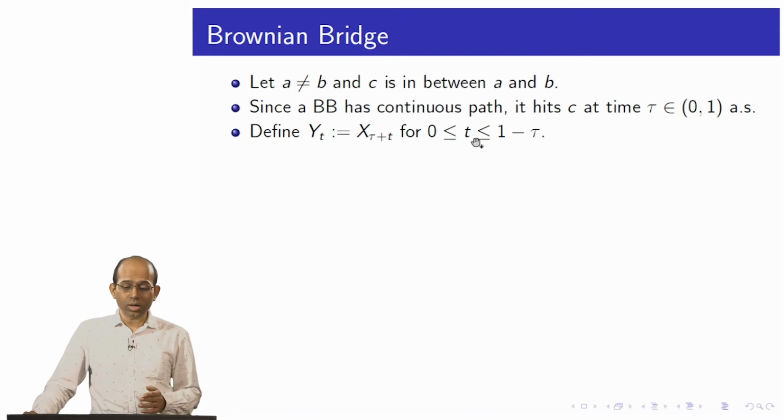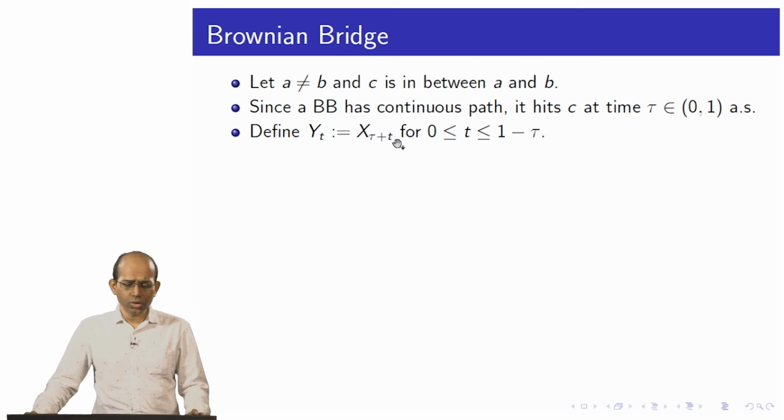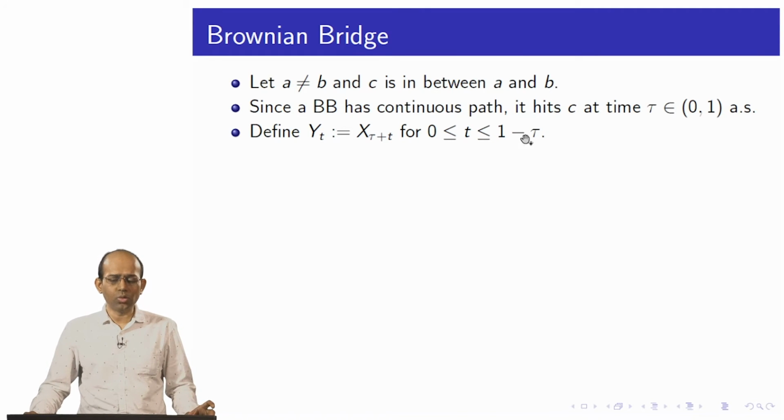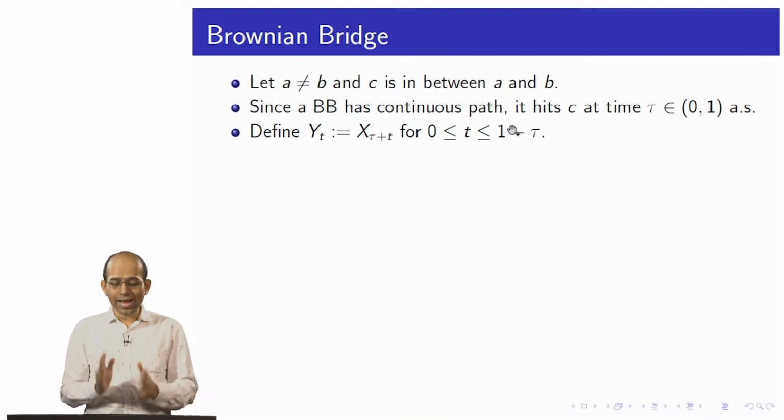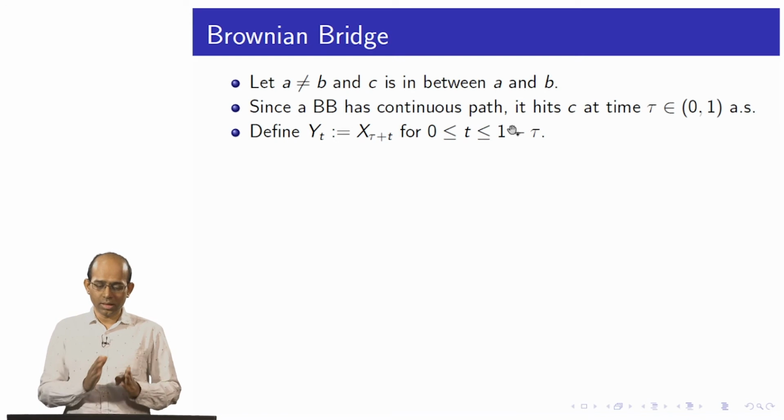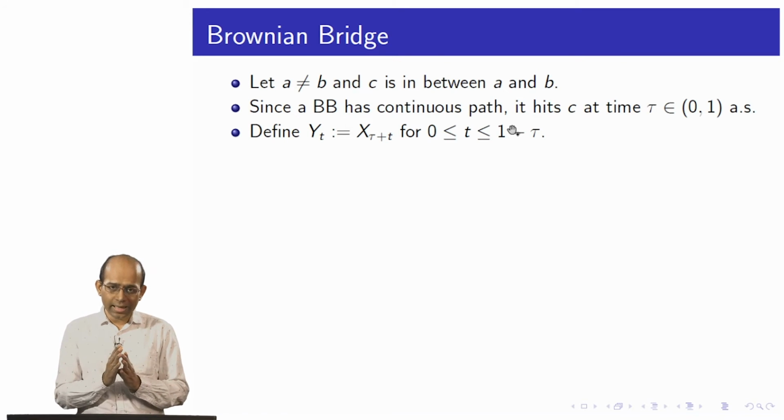I cannot talk about t more than 1 minus tau because that is not defined, because when t is equal to 1 minus tau, I get X of tau plus 1 minus tau, that is X1. X is not defined for time more than 1. So, time is here between 0 to 1 minus tau. That shows us the reason that we need to scale the time.